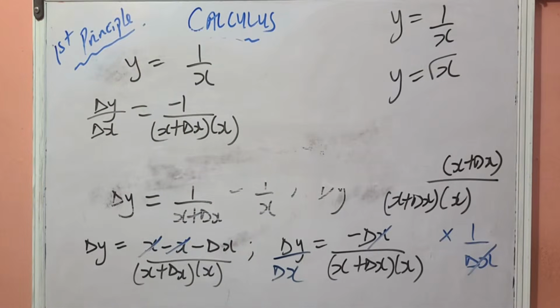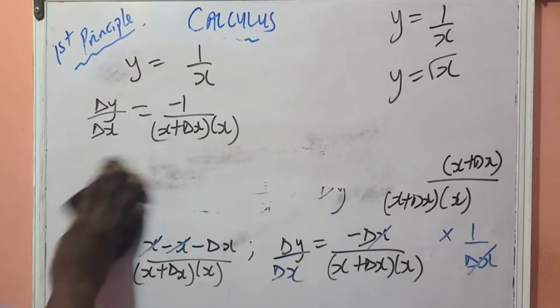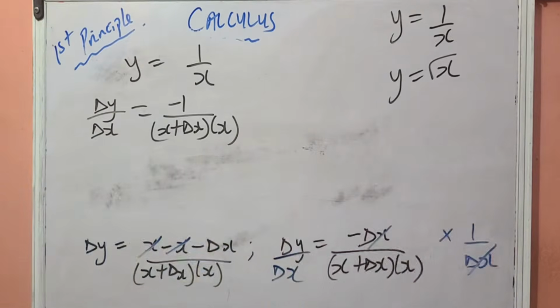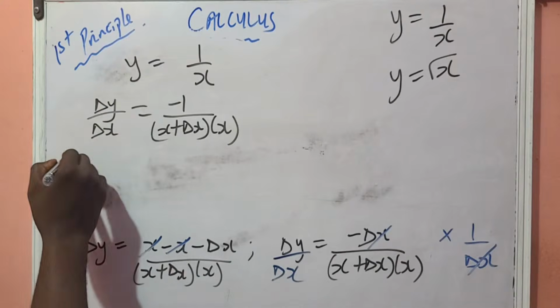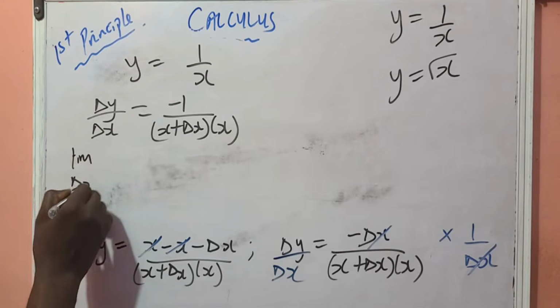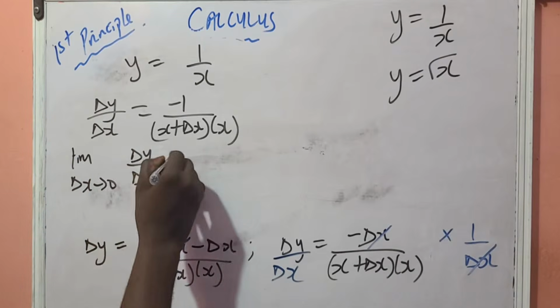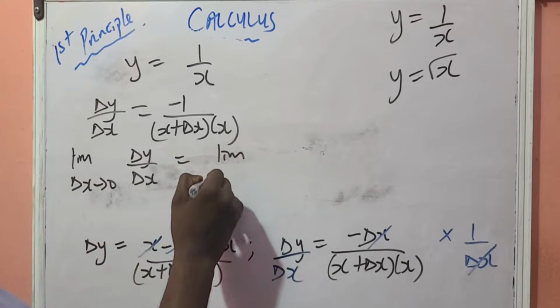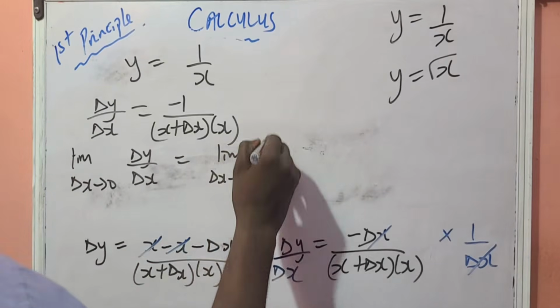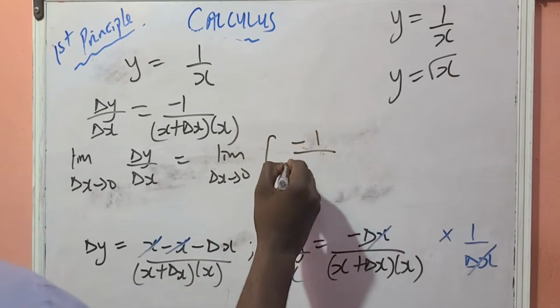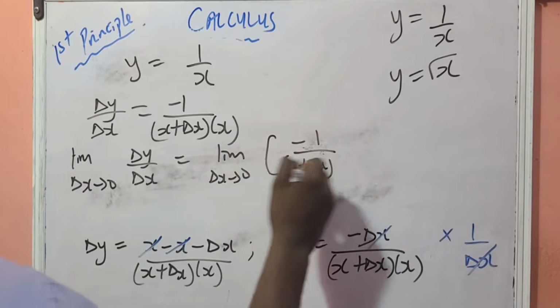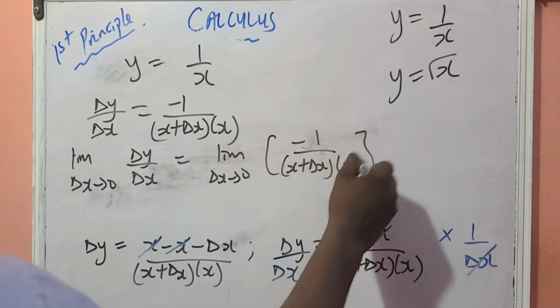So now we have to take the limit of both sides as change in x tends to 0. So taking the limit of both sides, we have the limit as change in x tends to 0 of change in y over change in x, equals the limit of minus 1 over x plus change in x times x.